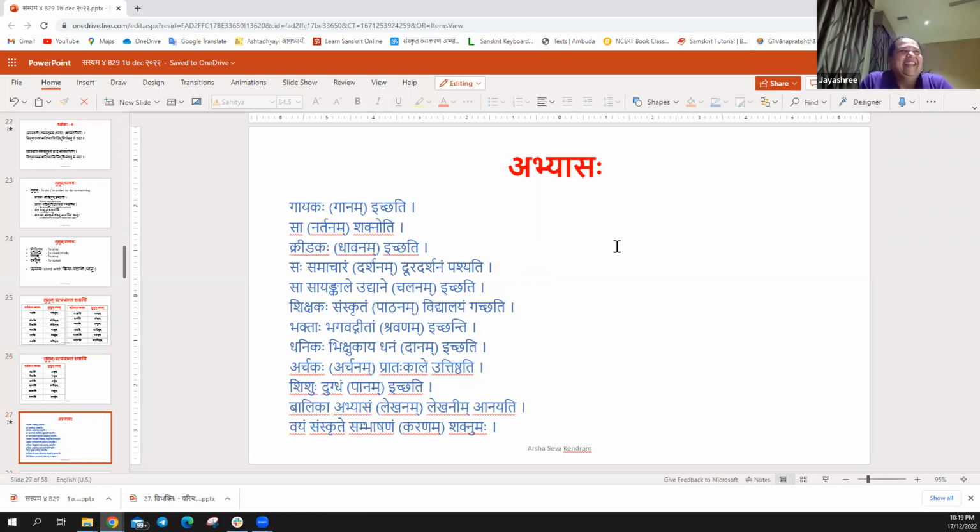Okay, Divya Mahodaya. Kridakah dhavitum ichchati. Samyak. Suraksha Mahodaya. Sa samacharam darshanam. Okay, so darshanam will be darshatum.